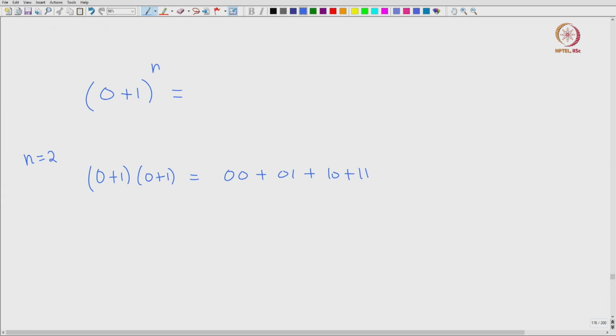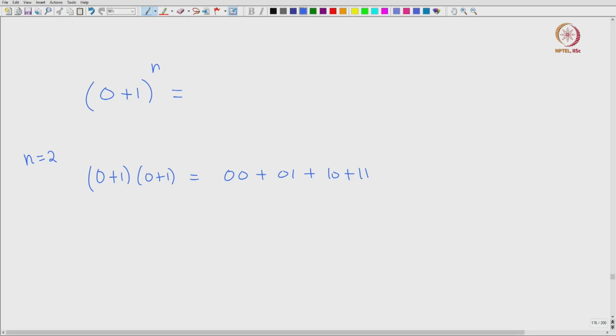Now we know that the zeros correspond to elements that are not there from 1 to n, and 1 corresponds to the elements that are there from 1 to n. So, based on the number of elements, the number of ones is going to count exactly the number of elements that appear in that subset.